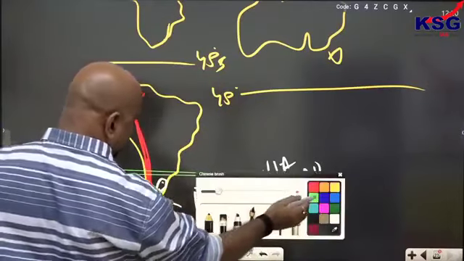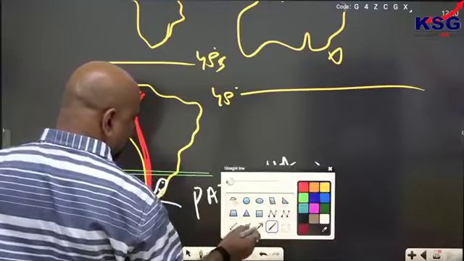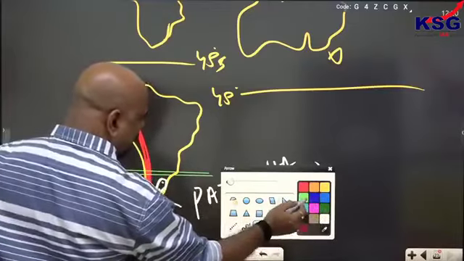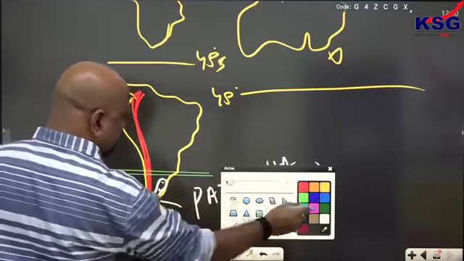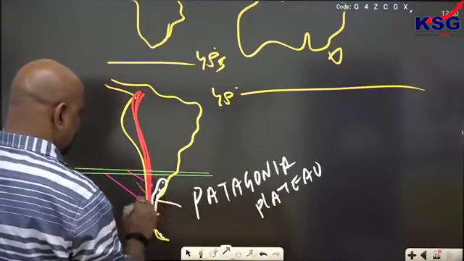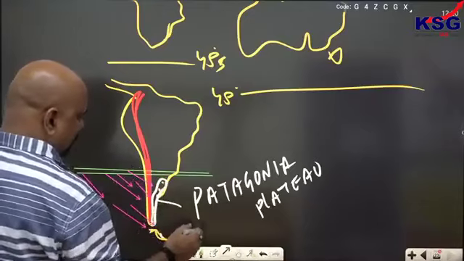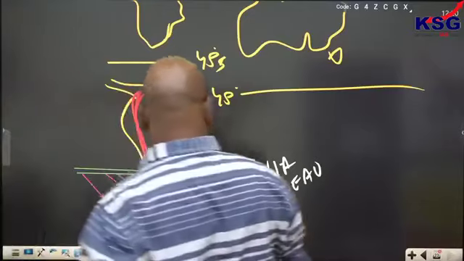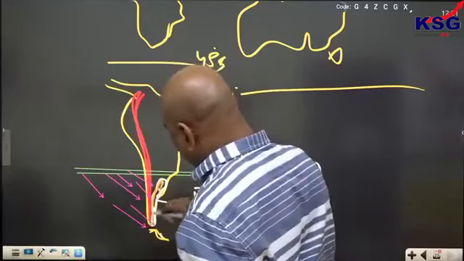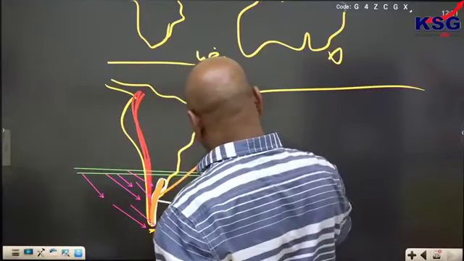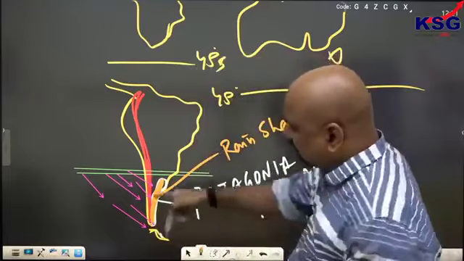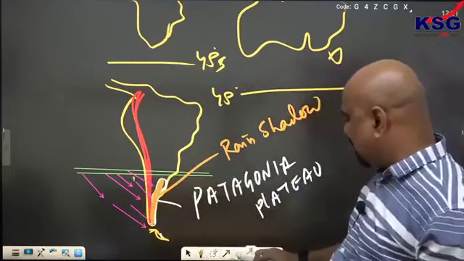Subtropical high pressure is there and the wind will blow from the high to the low pressure in this way। ये हवा यहाँ से ऐसे बहेंगे। You know the things। Now this side you have a mountain here, so definitely this side you have a rain shadow area। ये एरिया होगा क्या? ये हो गया आपका रेन शैडो जोन। Because of the westerly wind, you have a rain shadow area here.